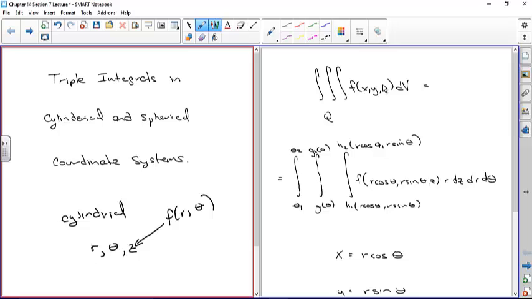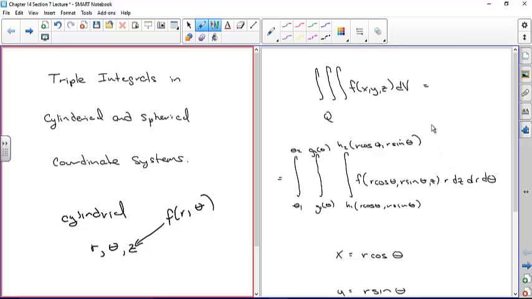And then if you have some function you're integrating, so it's not just a volume calculation with an iterated integral, it's actually something integrated, you have to change this function of x, y, z into a function of r, theta, and z. And finally, the dV element is r dz dr d theta.